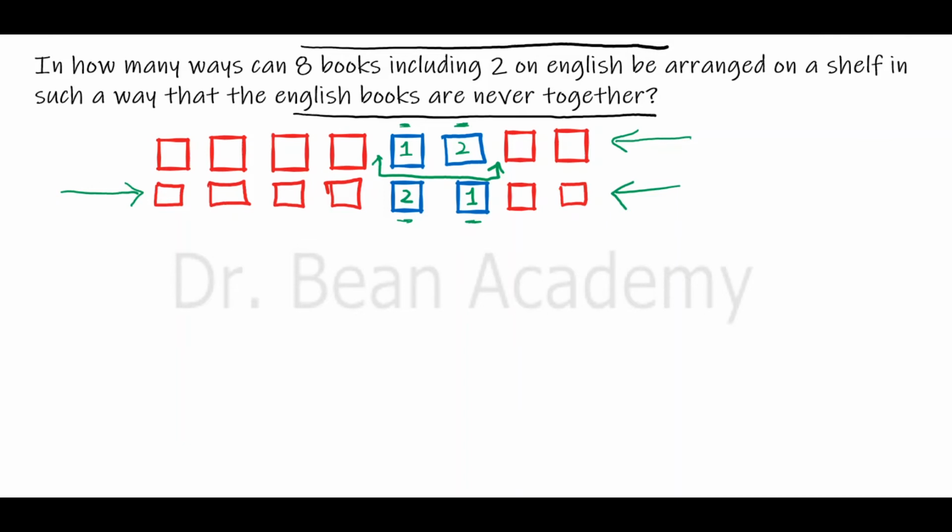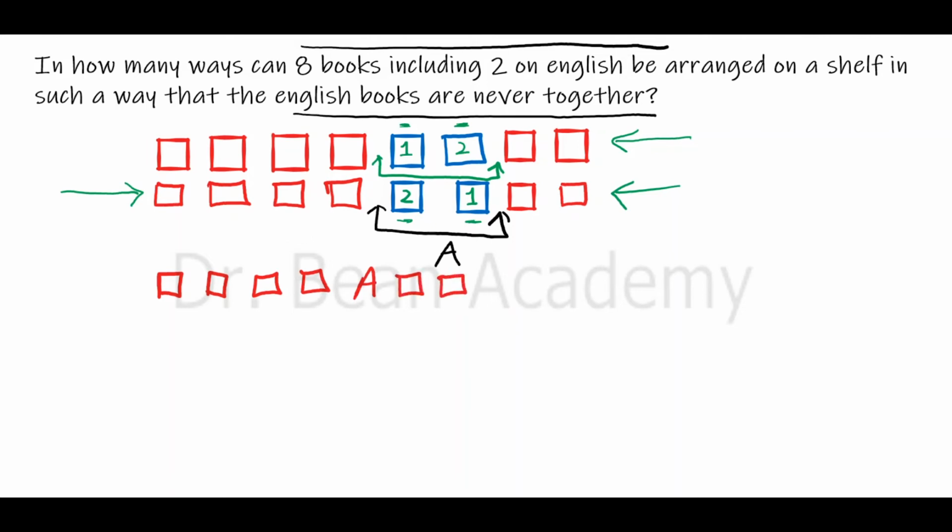So to calculate the number of permutations when they are together, I will give them a single name, A. So let's call the 2 English books together A. So now how many choices do I have? For example, here I have 4 books, and then I have A, and then I have the other 2 books.